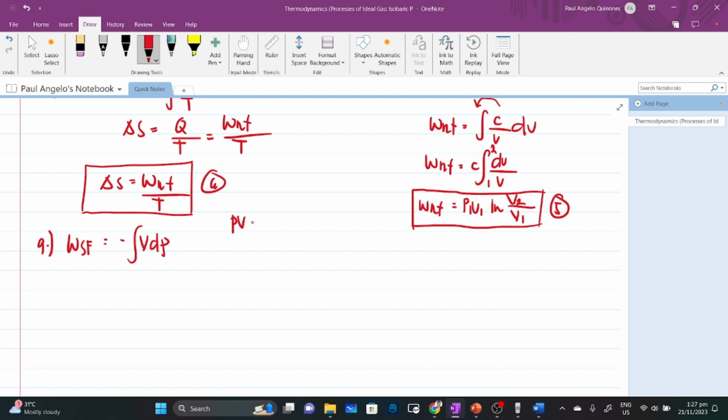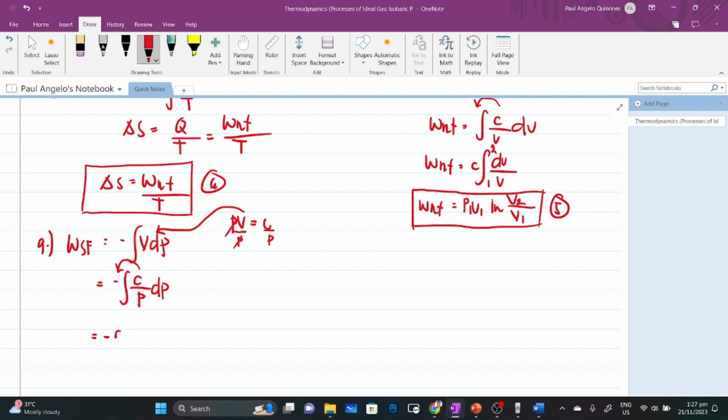We said that the relationship can also be written as PV equals C, so we isolate V by dividing both sides by P. We have V is equal to C over P. Let's substitute it for V in the equation. We have negative C over P dP, and then remove C outside the integral sign.